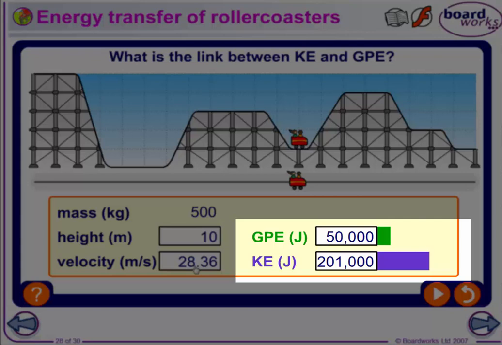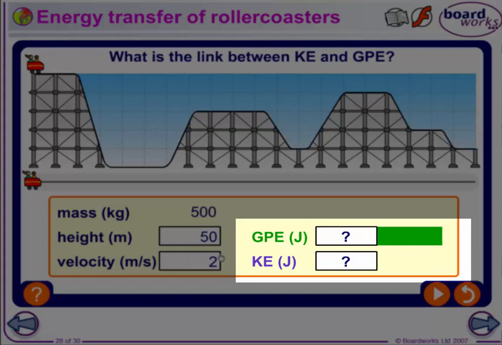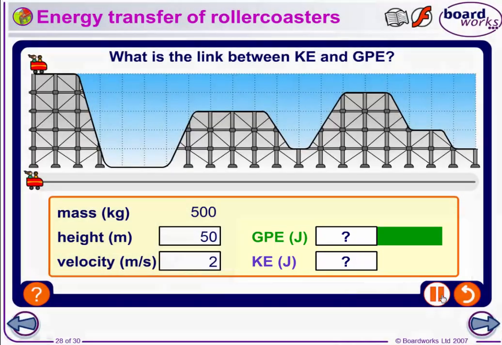It's quite fast, but not as fast as it was right at the very bottom because it's still at 10 meters height. Then it goes up to this height, back into potential energy again, and into little kinetic energy. It's only going at 14 meters a second now, which is somewhat slower. And then right at the very end, it loses potential energy and gains kinetic energy as it goes. So let's run that again, shall we? So notice how the velocity changes.